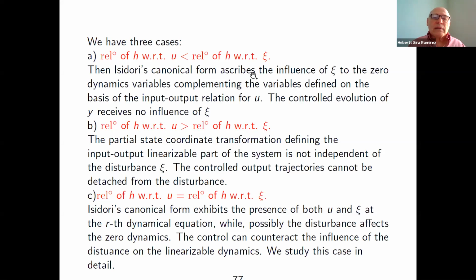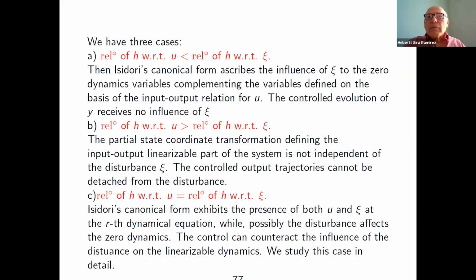What it means is that the presence of the disturbance precludes you from establishing a state coordinate transformation which is viable. Why? Because at some point, the new coordinate that you find depends on the perturbation. And therefore, for that new coordinate, you need to know this perturbation in order to continue with the advances of the output, because the next output is also going to contain that perturbation, possibly in an advanced manner.